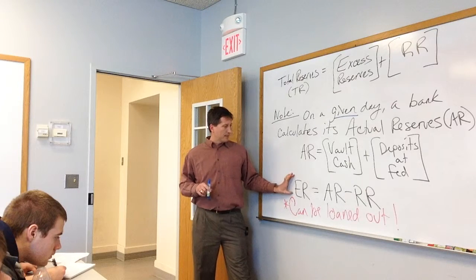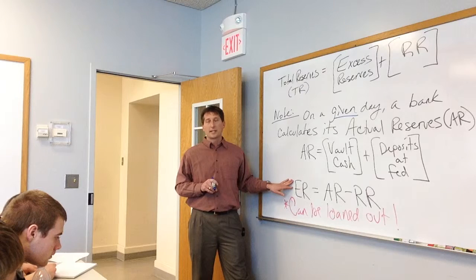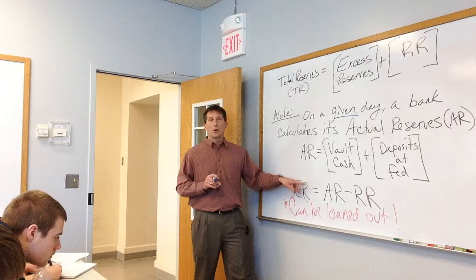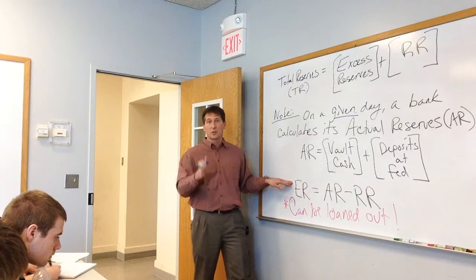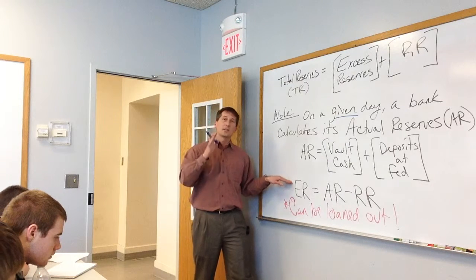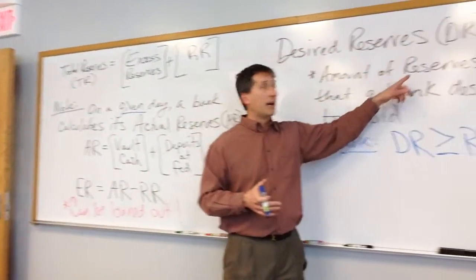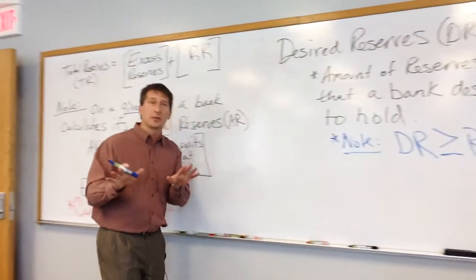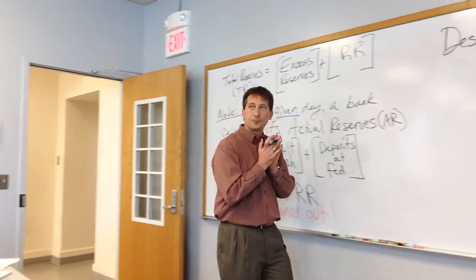The excess, they could have it in other forms. It doesn't have to be bulk cash. So there's other ways that they can hold some of their funds on deposit with the Fed. So it could be bulk cash or deposits at the Fed. In other words, they can hold more with the Fed than the minimum. Right. So it could be a combination. And then they have to shuffle around to make that loan go out.